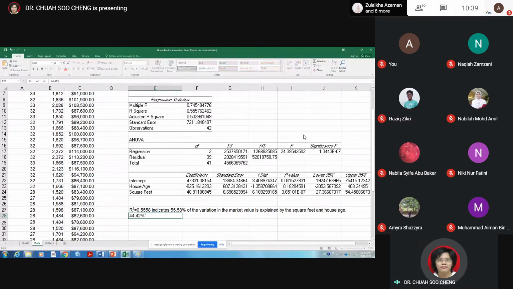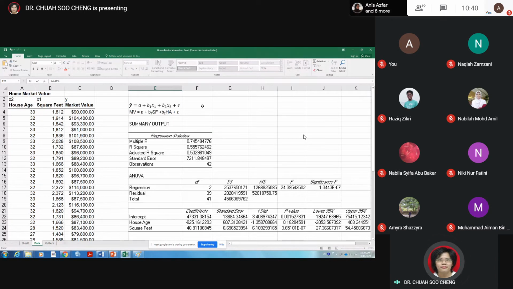You use 100% minus 55.58. So if you add more variables, if you add x3, x4, x5, our R square will increase. If you have x2, you have x3, x4, x5, so probably your R square will increase. You get what I mean here?